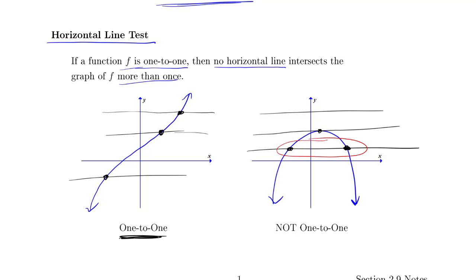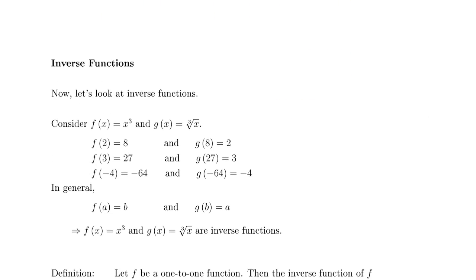For this reason, this function is not one-to-one. You can also see that because the output you got here and the output you got here are coming from two different x values. Hence, we have two inputs going to the same output. That's not what we want from a one-to-one function.